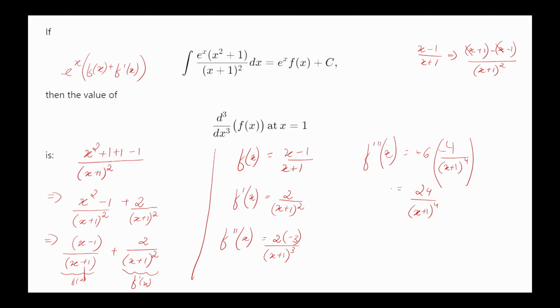Now, what was asked to us in the question? We have found out our f triple dash x. Now we had to find out its value at x is equals to 1. So I'll simply put x is equals to 1 in this function. So I would get 24 by 2 to the power 4. So upon simplifying this, what am I going to get?